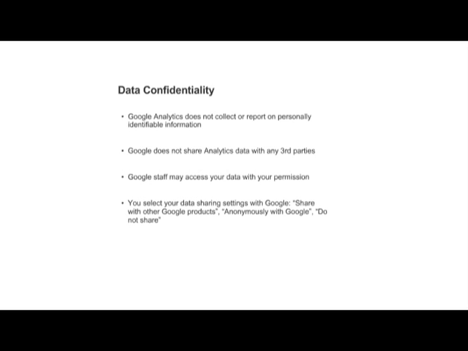If you select "Do not share my Google Analytics data," you will not be able to use benchmarking and may not have access to specific ads-related features such as Conversion Optimizer. Again, regardless of your data sharing selections, Google does not share analytics data with any third parties.